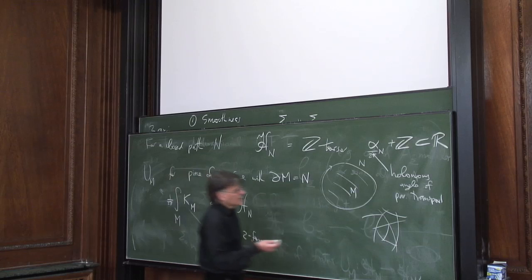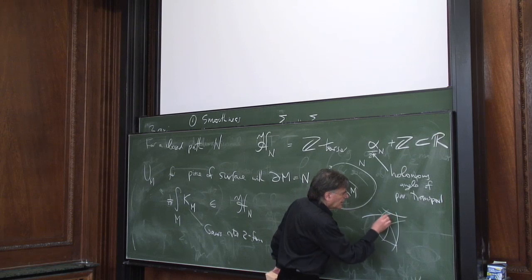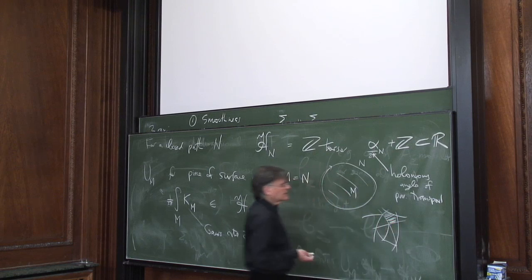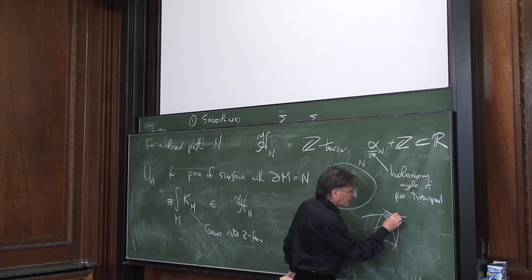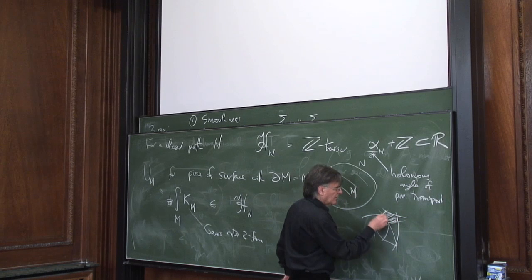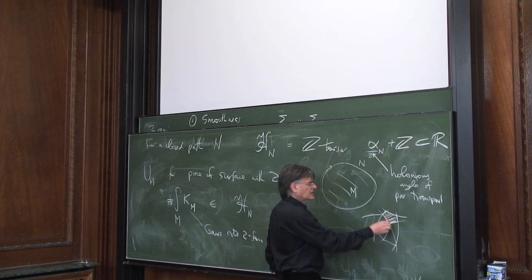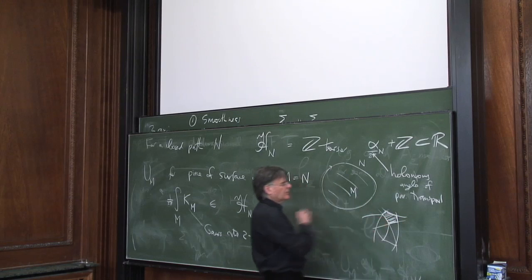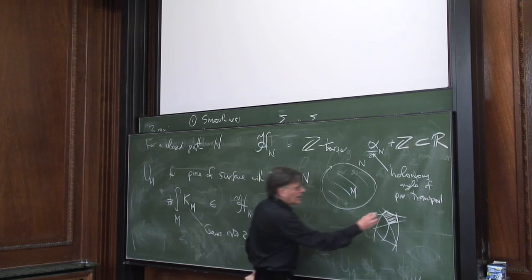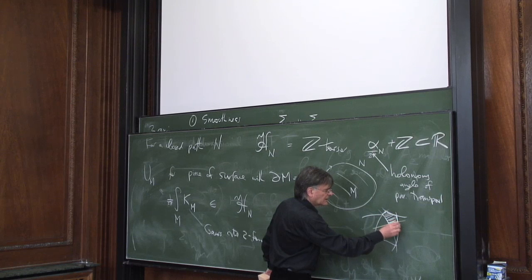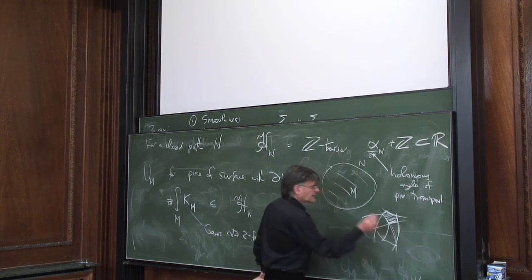If I wanted to associate to each little piece of surface an invariant which just lay in some sort of vector space associated to the boundary of this little piece, then in the theories that I was talking about before, I would have to associate an integer to each one of these bits.